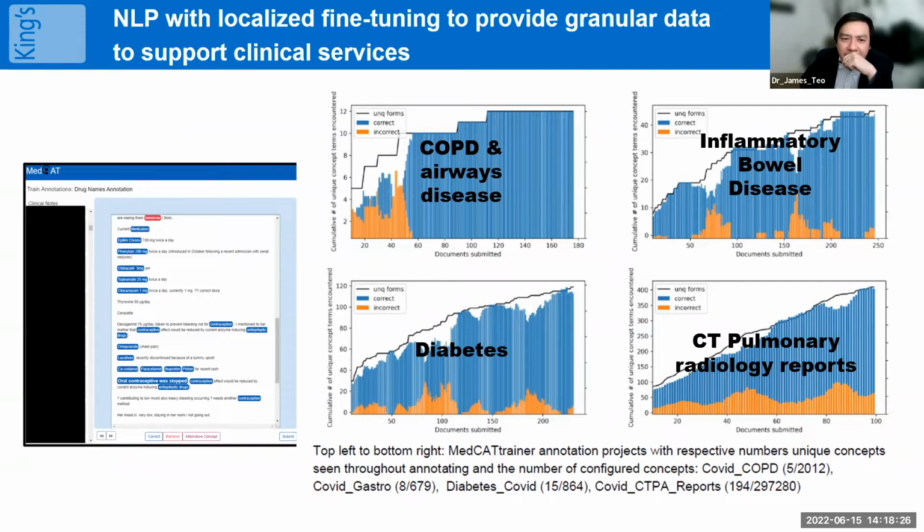And initially, a lot of the annotations detected by the NLP were inaccurate, but it rapidly corrected after about 60 or so documents being processed. And we did a variety of different disease areas, and obviously SNOMED is a very large area, and we've been working heavily in producing large amounts of annotations to continuously improve the NLP.